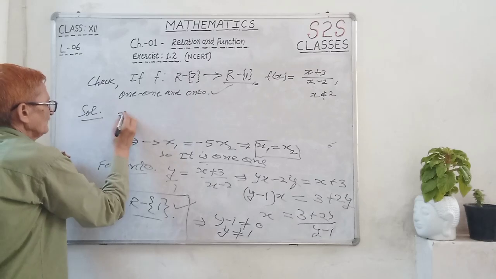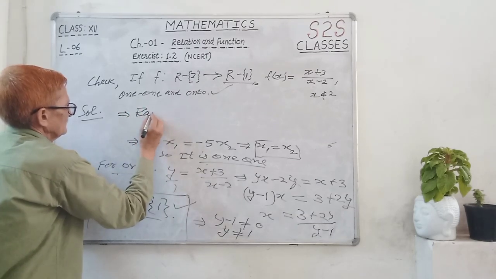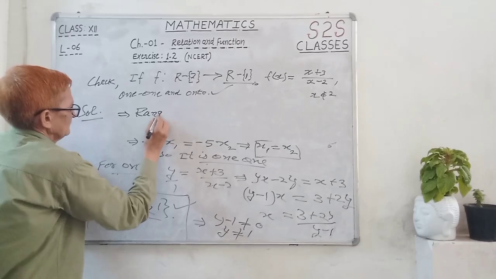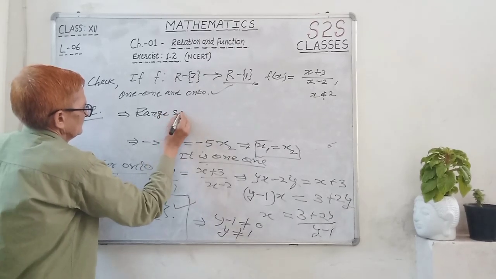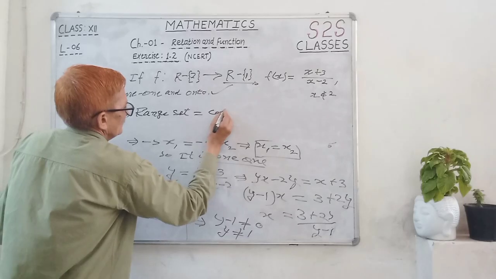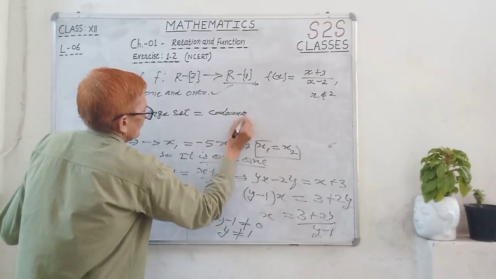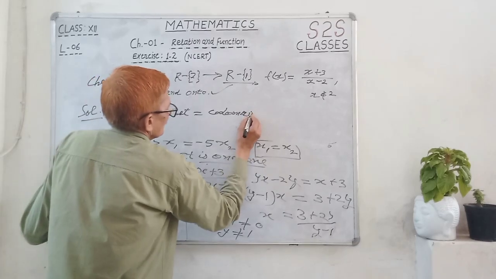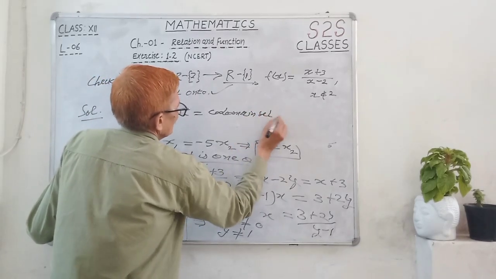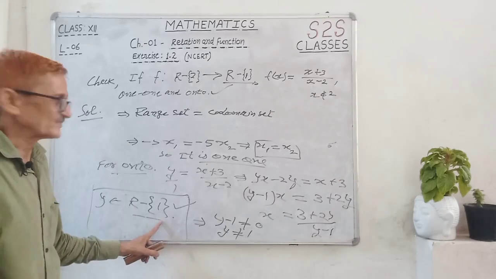This implies range set is equal to codomain set, because range set is R minus 1, all real numbers except 1.